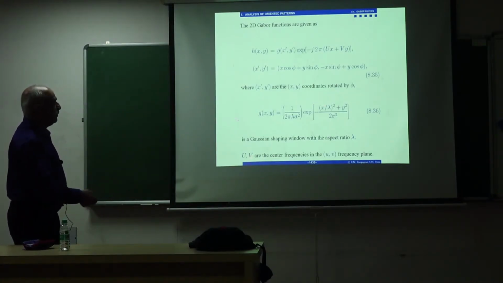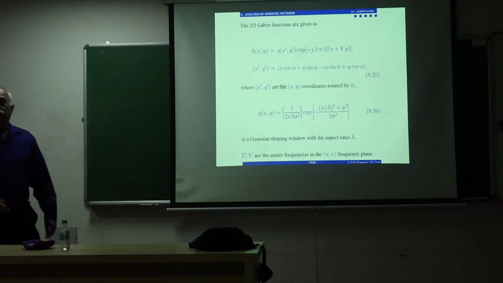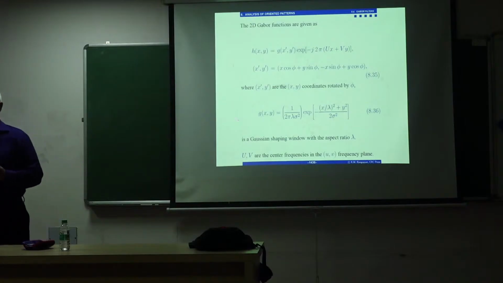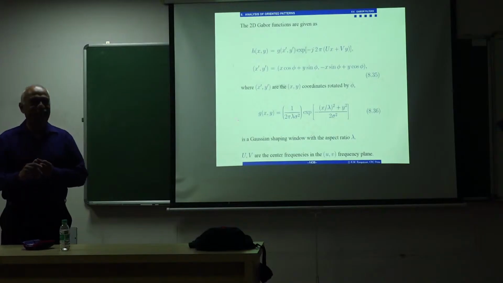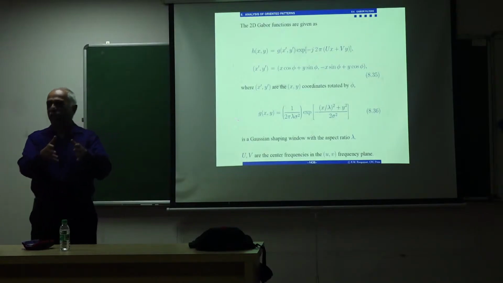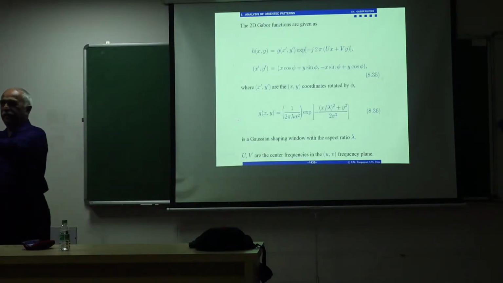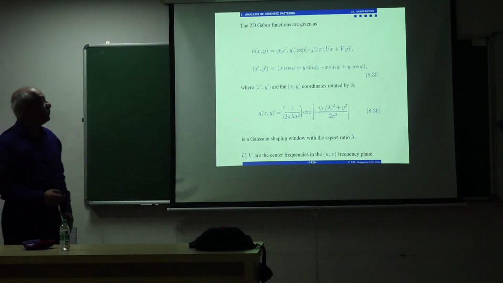U and V are the center frequencies in the frequency domain as modulated by this exponential function. It is modulation in the sense that it introduces a frequency shift, like in amplitude modulation. Do you still study AM radio in communication theory? Yeah, so you multiply the given signal to be transmitted with the carrier frequency, and it is shifted to the carrier frequency so the signal can be transmitted.